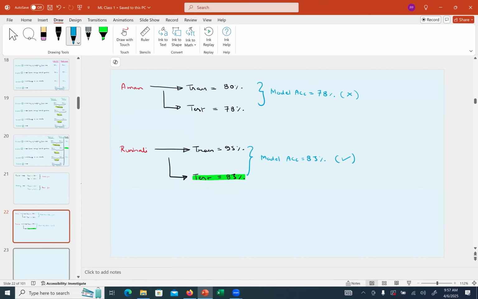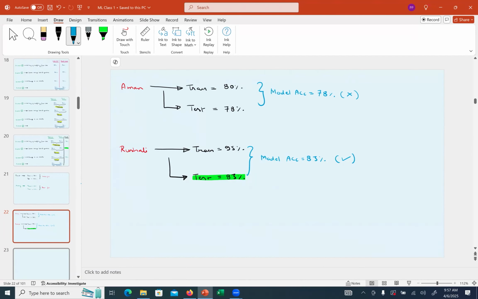But let's say if we talk about Aman's case. In this case, what is happening? He is not able to perform that well, even in the class test, if I compare it with Rushali. So there is not much scope of improvement either. Even if I work hard here, I would have to work hard from both perspectives, because he is not able to understand the concept well.